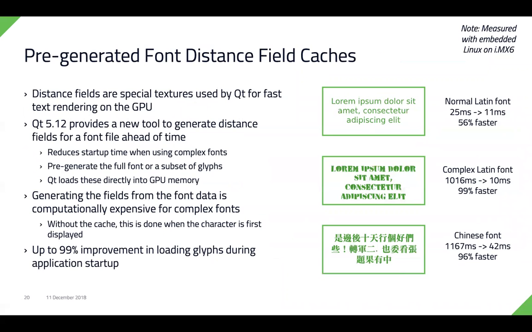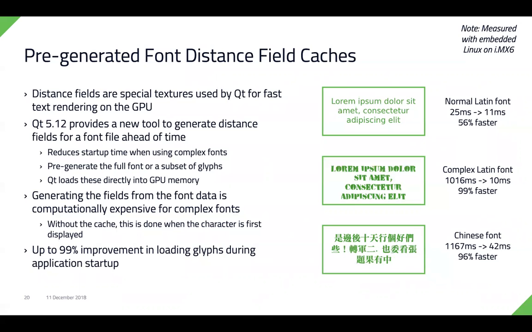Another feature that falls into the optimize-at-compile-time bucket, so it's related to the asset conditioning I've been talking about earlier, is a new feature in 5.12, which is pre-generating distance field caches for fonts. Distance fields are special textures that we are using in Qt to do very fast text rendering on the GPU.